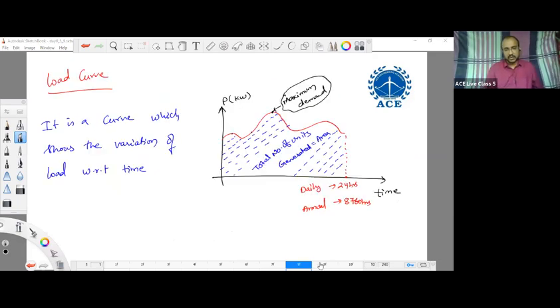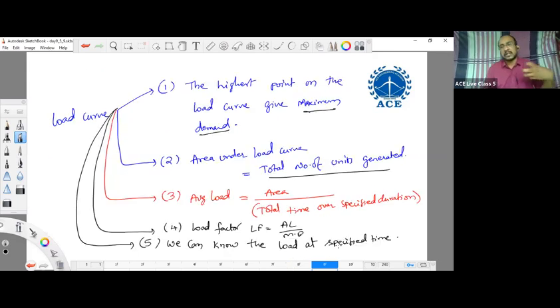So the load curve is a curve which shows the variation of load with respect to time. We can obtain all this data: the highest point gives the maximum demand. The area under the load curve gives the total number of units generated. Average load, area by total time or specified duration, gives the average load. Load factor can be calculated. We can know the load at a specified time or at any interval of time by using this load curve.